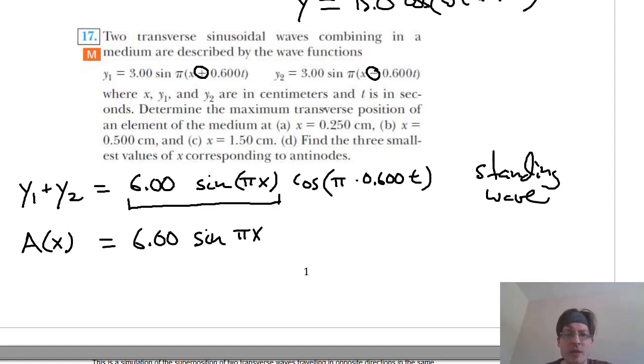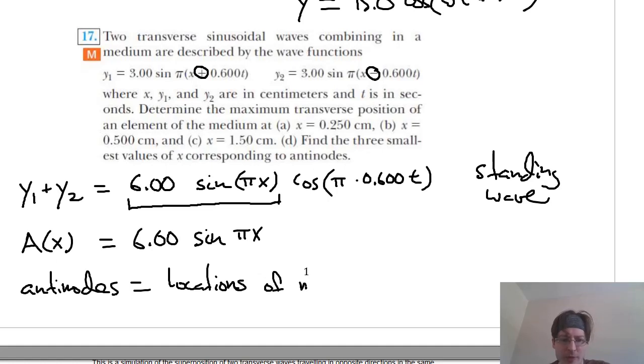So we'd plug in the A, B, and C different x values to get the amplitude at those 3 positions. In part D, we have to find the 3 smallest values of x corresponding to antinodes. Antinodes, remember, that means the locations, it's asking for the x values of maximum displacement.